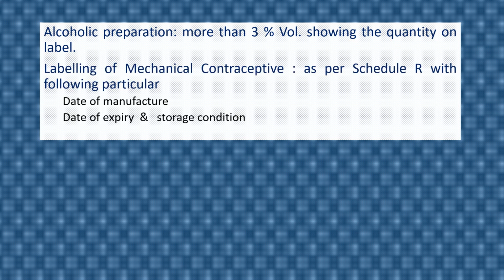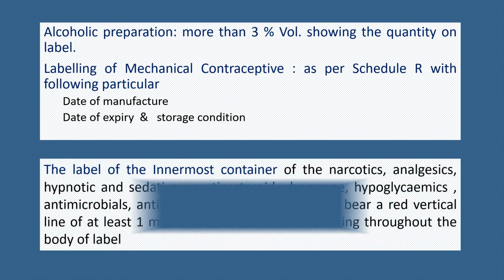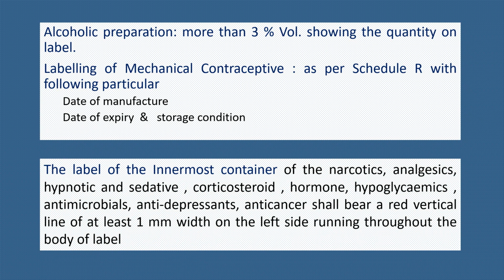Then labeling of mechanical contraceptives: as per Schedule R, with the following particulars: date of manufacturing, date of expiry and storage condition. Okay. Now the label of the innermost container. If the innermost container holds narcotics, analgesics, hypnotics and sedatives, corticosteroids and many more, there should be a red vertical line of at least 1 mm width on the left side running throughout the body of the label.